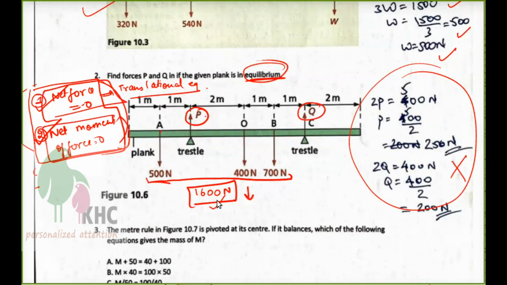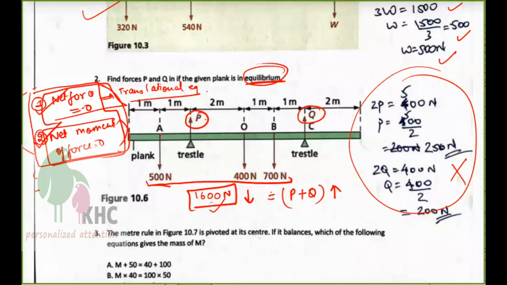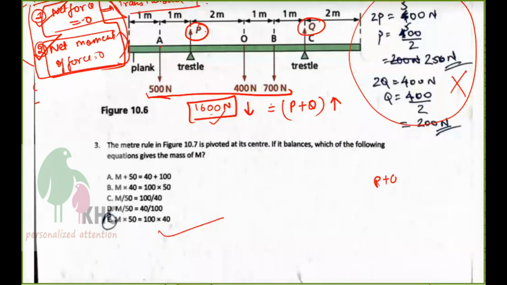So 1600 newtons of downward force should be numerically equal to P plus Q in the upward direction. So you have one equation: P plus Q is equal to 1600.